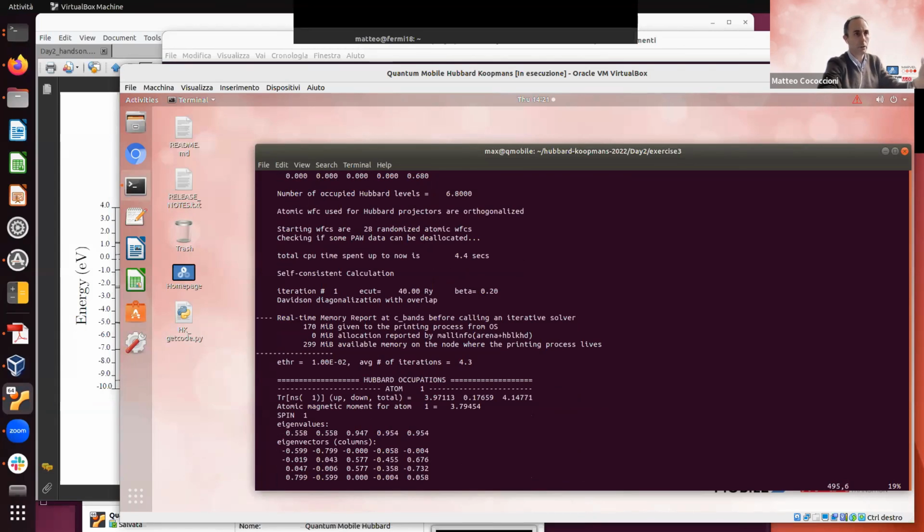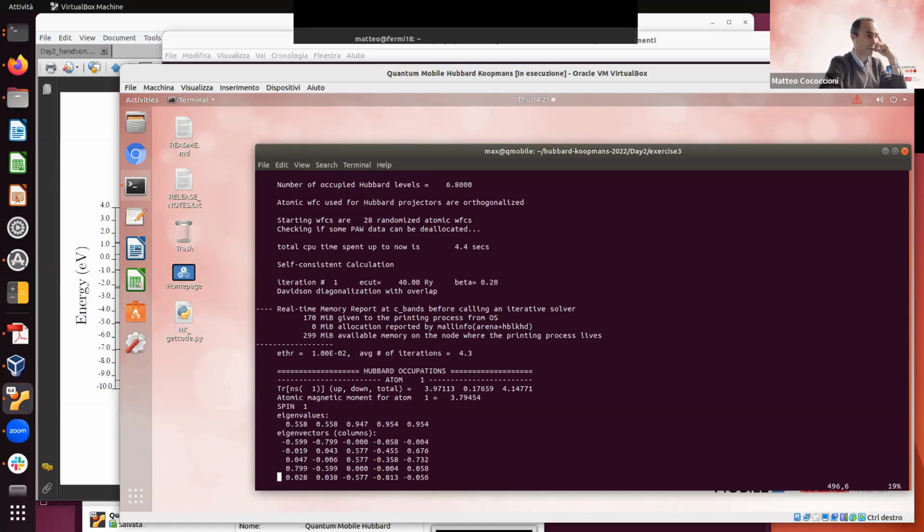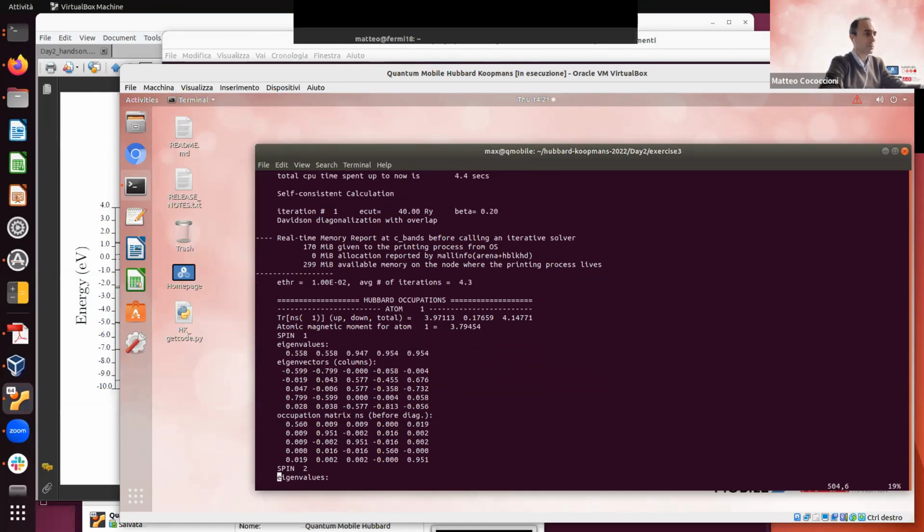This is important because when we suggest the new eigenvalues for the occupation matrix, the code will change them. We basically impose those occupation matrices at this moment, after running the first iteration. So we'll take this occupation matrix and change it accordingly to satisfy our requirement from input.